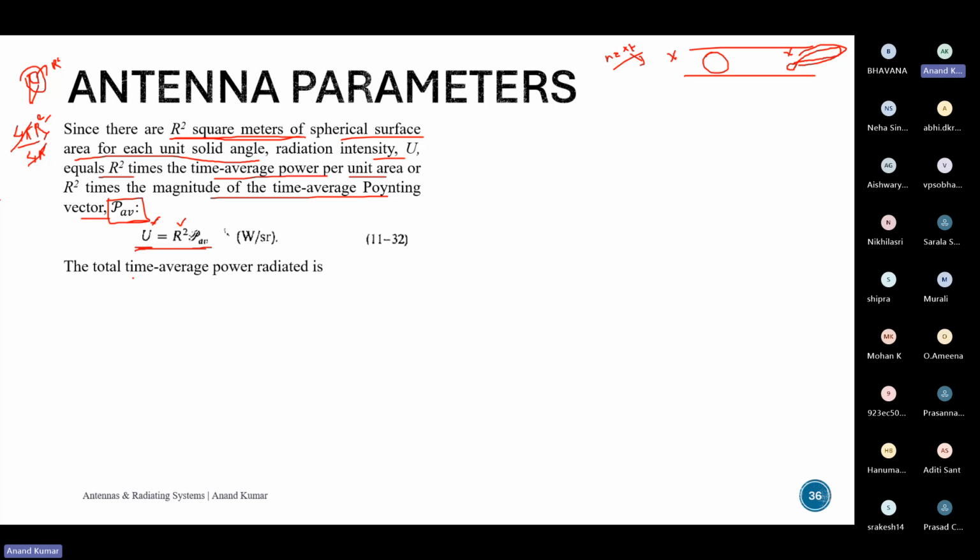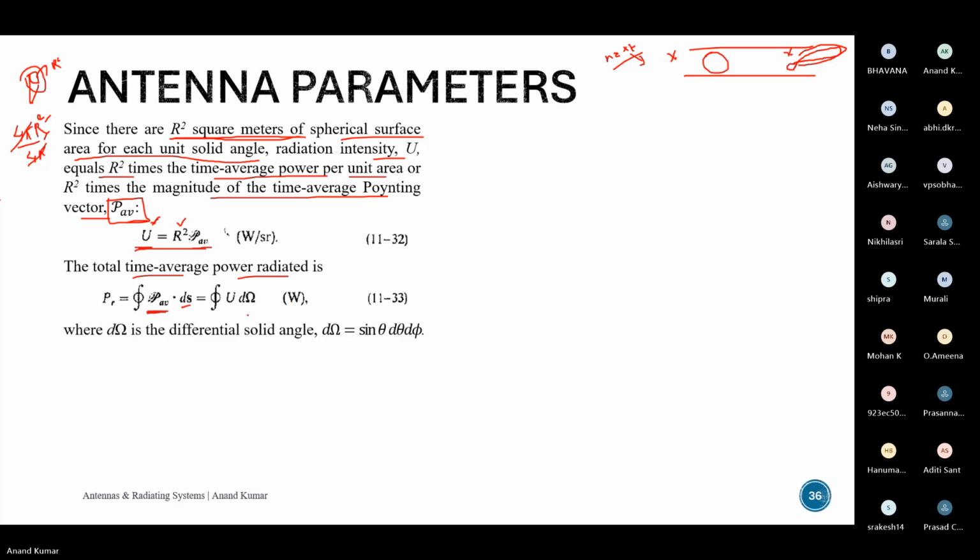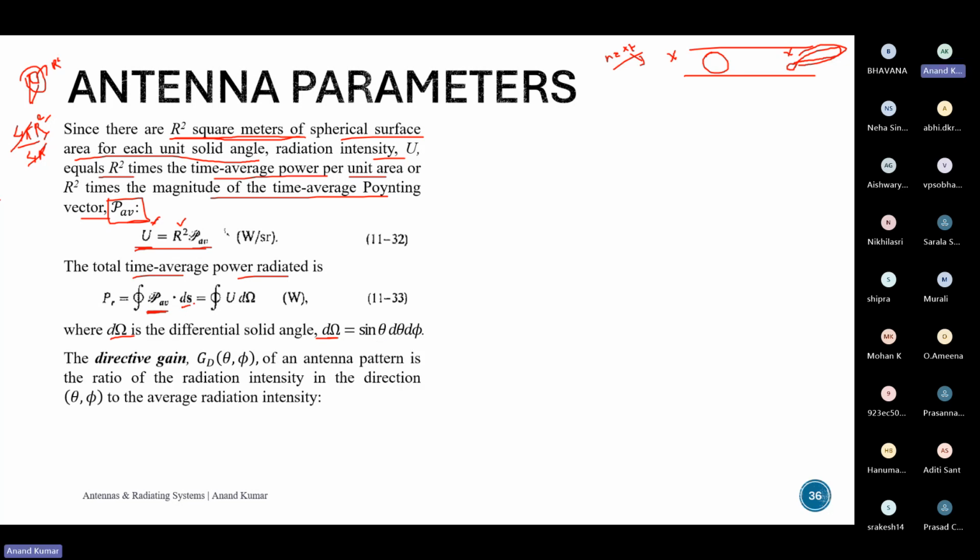Now the total time average power is given here. So we'll integrate the time average power over the total surface area. Okay, so this ds will become, yes, d omega, which is the solid angle, is written as... There is some notation thing going on here.